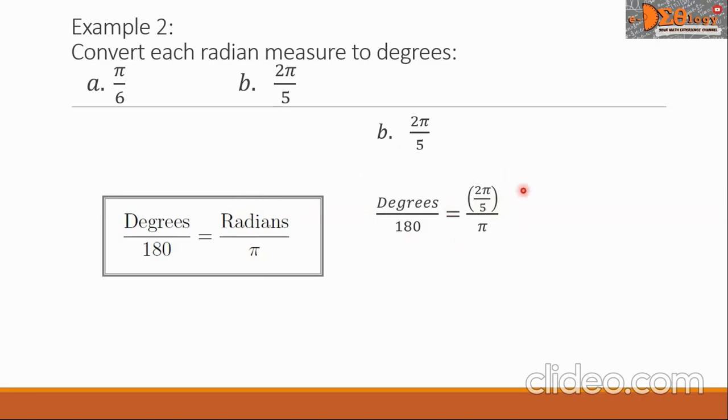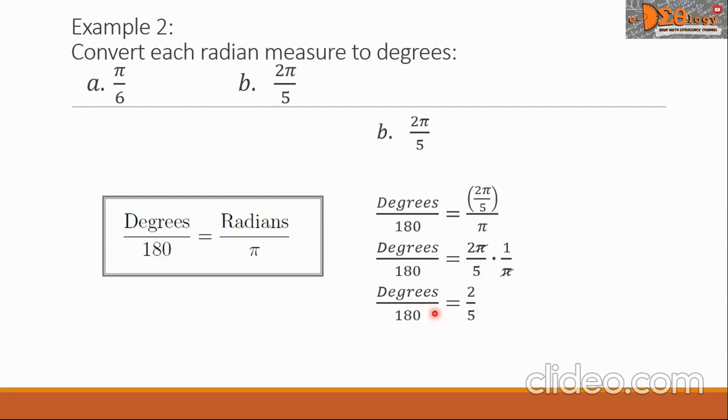We have here a complex fraction. So we will have to write it again into the 2 pi over 5 times, we will flip this pi into 1 over pi. And on the right hand side, we can now cancel the pi and the pi respectively. When we do that, the right hand side becomes 2 over 5.